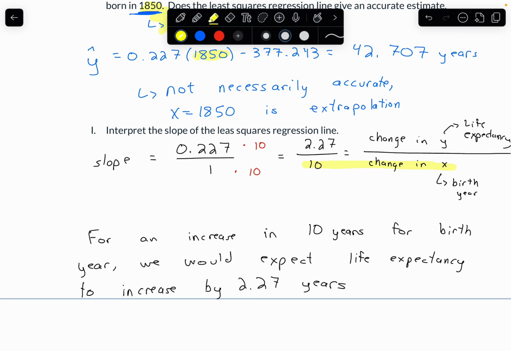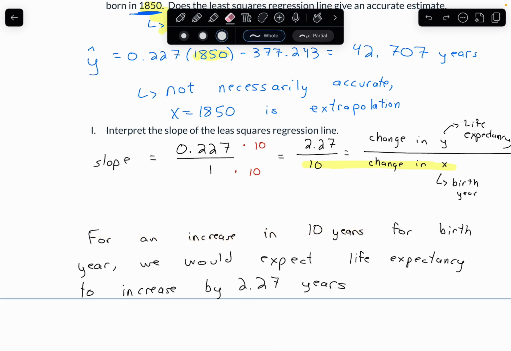Now, I said for an increase in birth in 10 years, I was just trying to use the language that we used kind of earlier on when we were talking about slope. There's a lot of different ways you can phrase this, and I actually think the way that I wrote this is perhaps a little bit confusing.